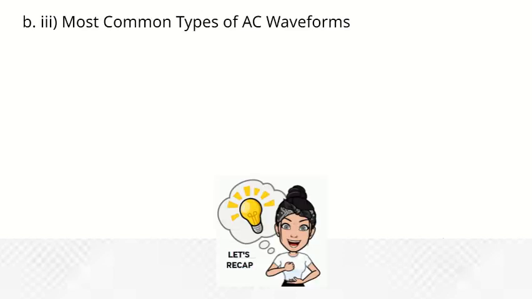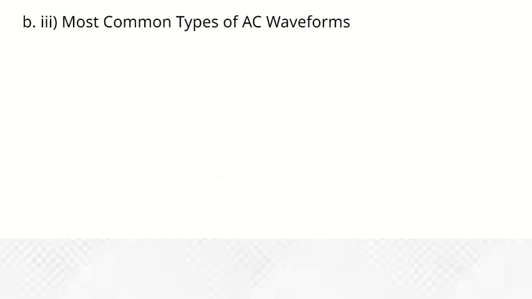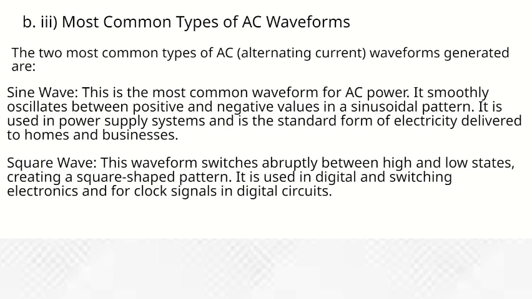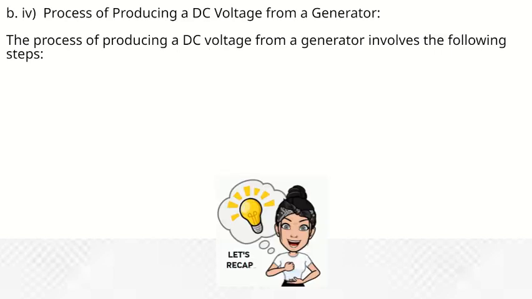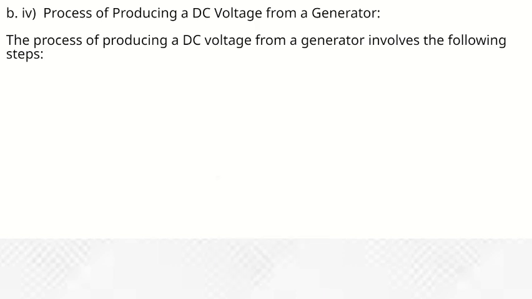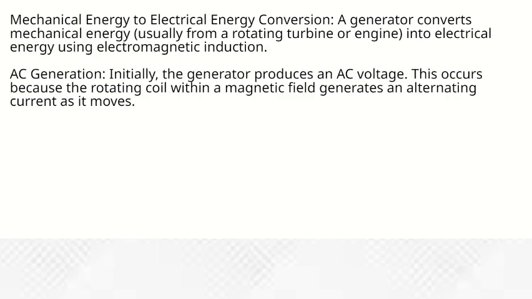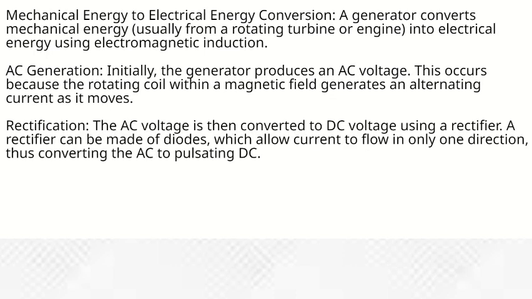We looked at the two main waveforms that are used, which are AC, alternating or sinusoidal waveform or sine wave, and square waves. We also looked at the process that's used in generating or producing DC voltage, and in so doing you would have the mechanical aspect, where mechanical energy is converted to electrical energy, and then you need to rectify that AC voltage to a DC voltage, right?